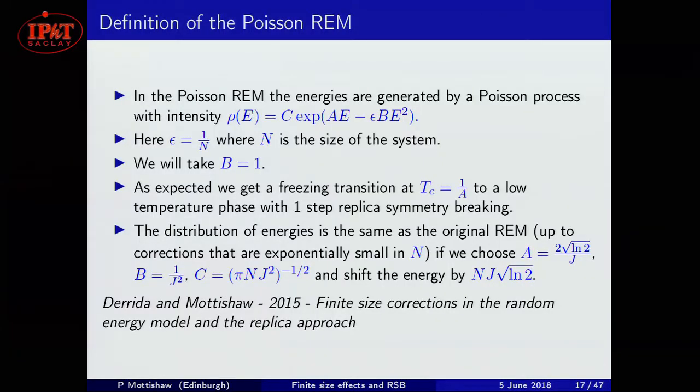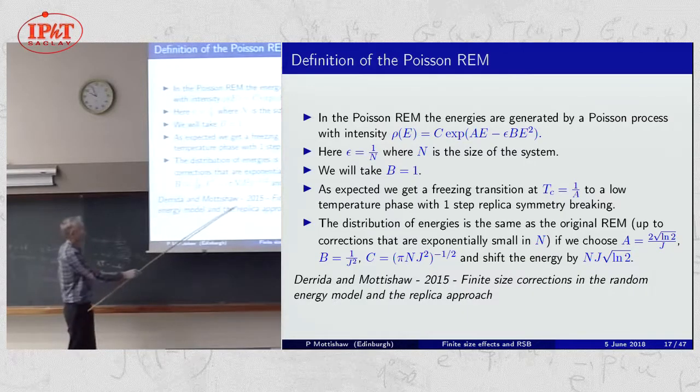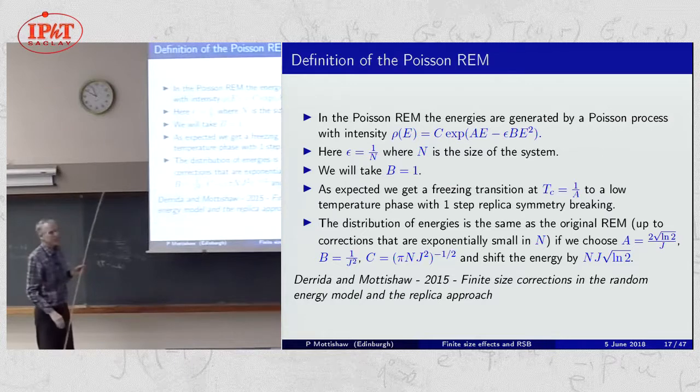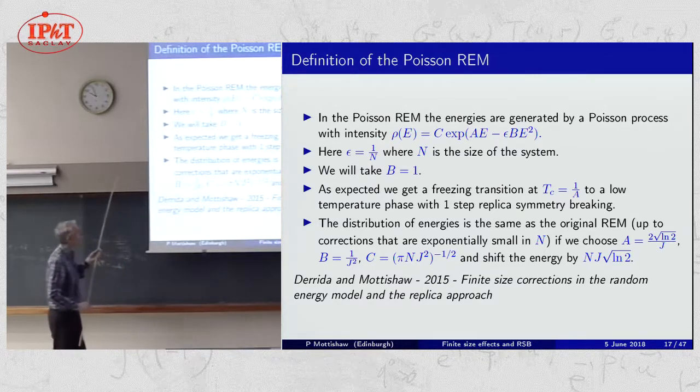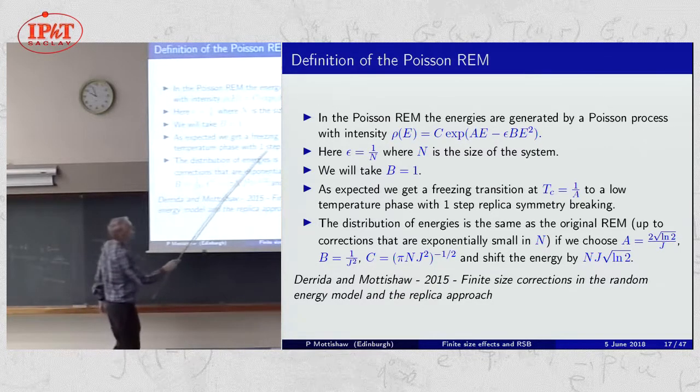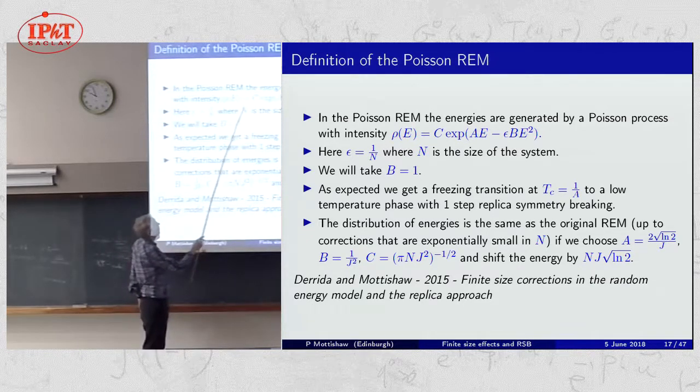So in the work that Bernard and I have done, and this was 2015, we looked at a somewhat simplified version of the random energy model. Simplified in what it made the calculation simpler. It's actually harder to explain. But effectively, you use a Poisson process to generate that distribution of energy levels.